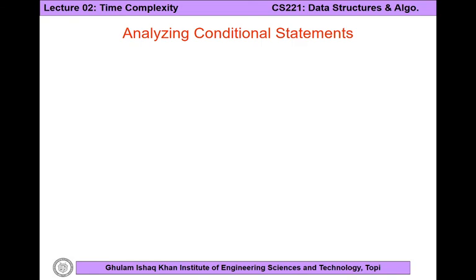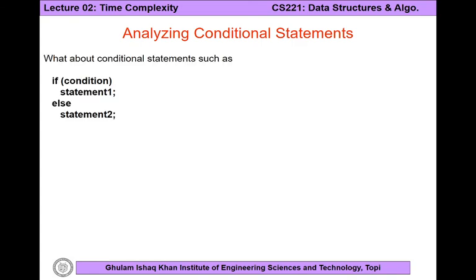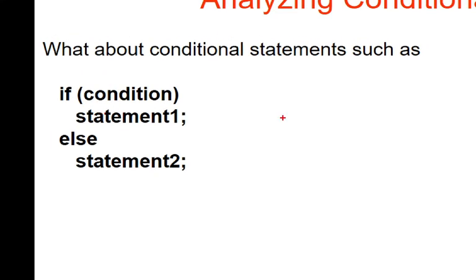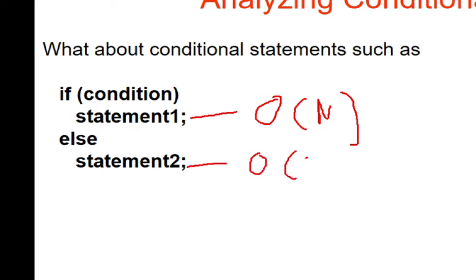Okay, then we may have conditional statements in our piece of code. Here there is no condition mentioned, but for example this has a time complexity of order of n, and this may have a time complexity of, let's assume, 2 raised to power n. Now in this particular case, among these two conditions, since we are considering big O, we pick the worst one.